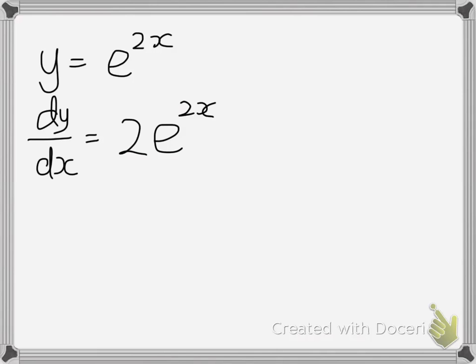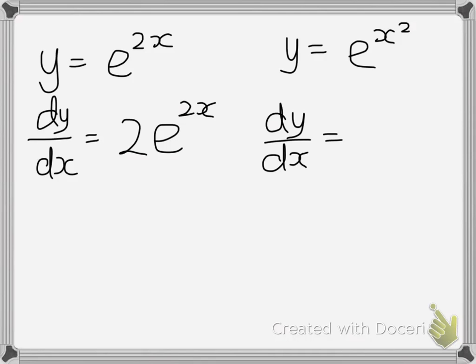That's how the gradient looks like. If y equals e to the power x squared, what is the gradient? The gradient of that function is e to the power x squared. After that, you differentiate that power, which is x squared, then you get 2x.